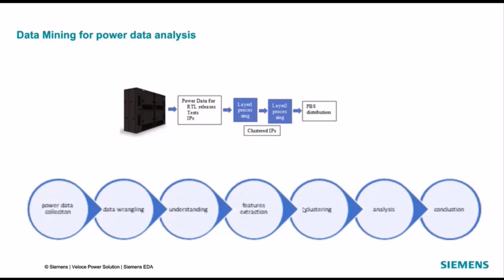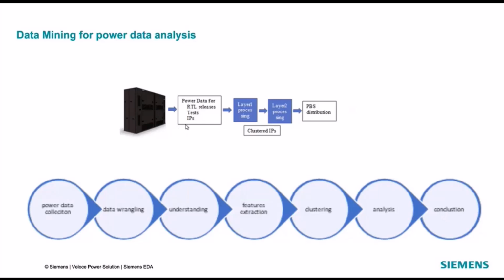And by clustering, we really categorize the different power behaviors in our PBS state. We do further analysis, and then we do another clustering, and we can extract information out of it.